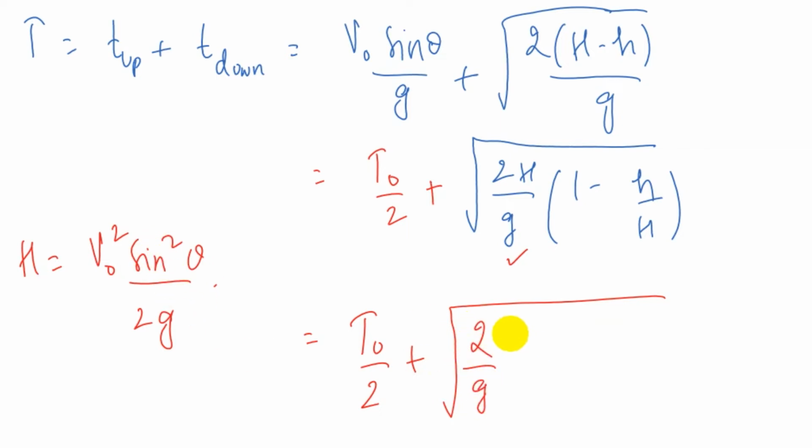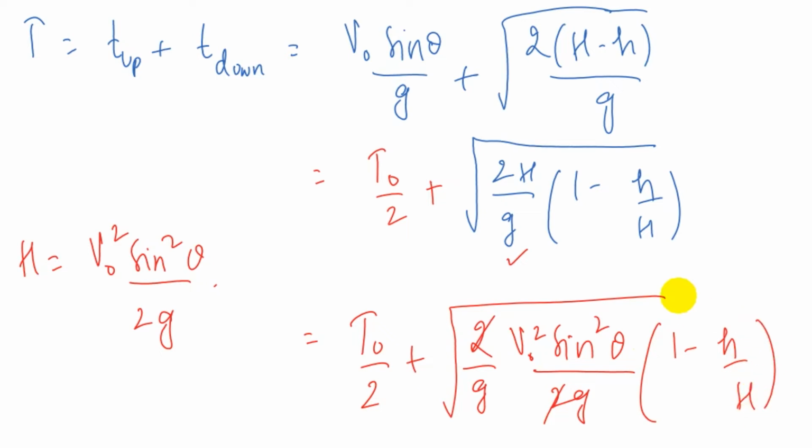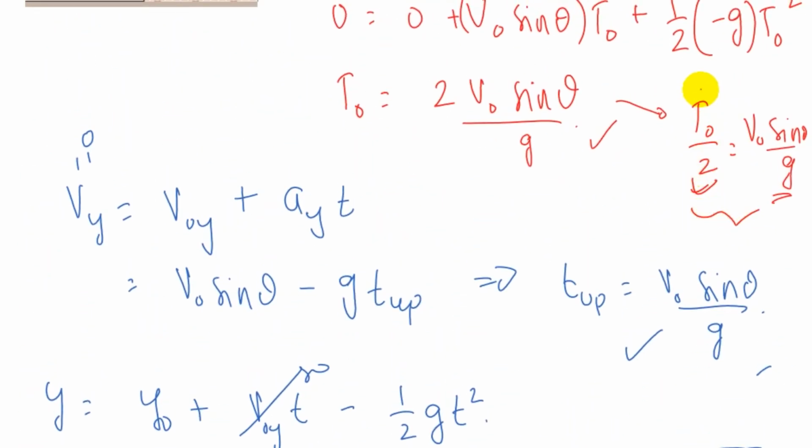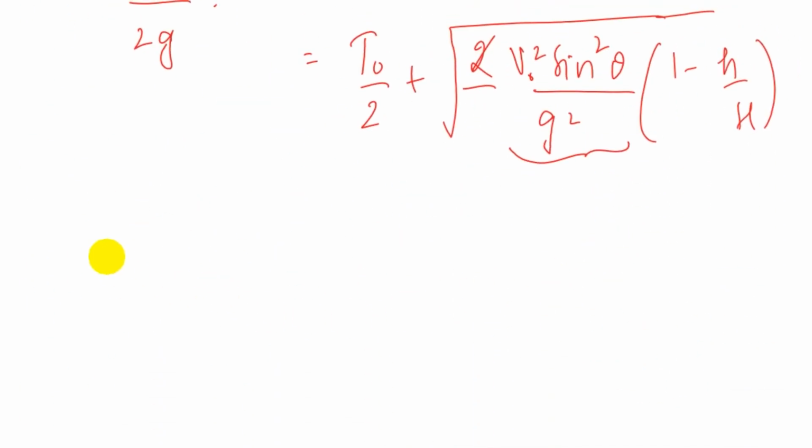Now for H we have this, so this is v naught square sine square theta divided by 2g, right? Now from here this 2 and 2 will cancel, and the rest as it is, 1 minus h over capital H. Now what is this? V naught square sine square over this would become g square. Now if you compare this expression with this one, let me just copy it so that you can compare easily, and I'm pasting it here.